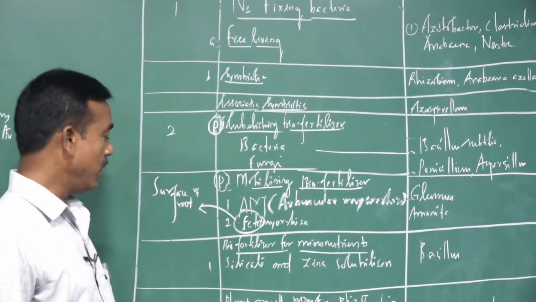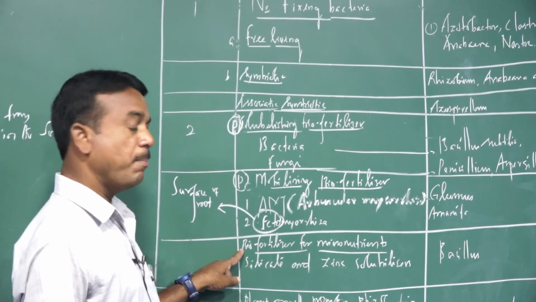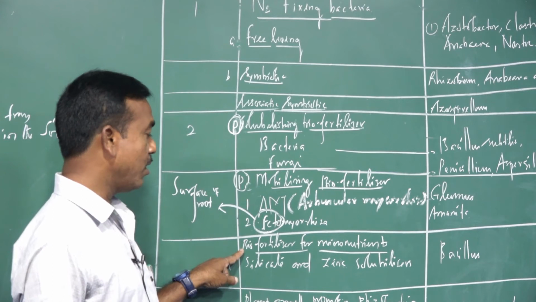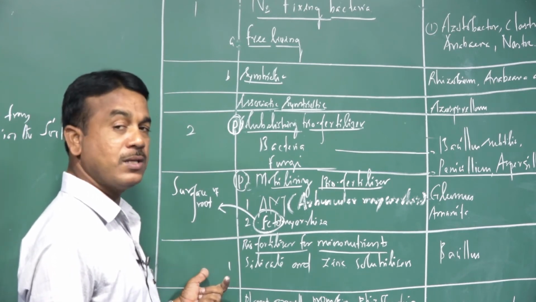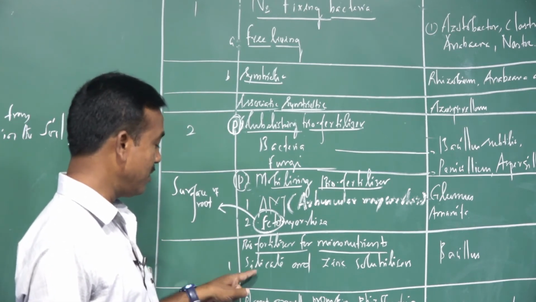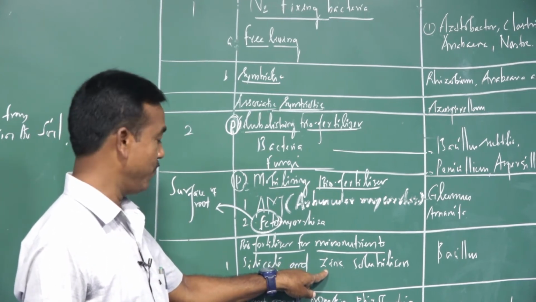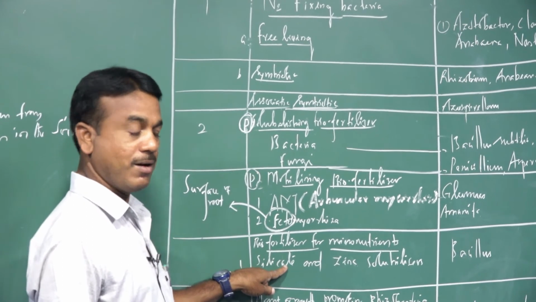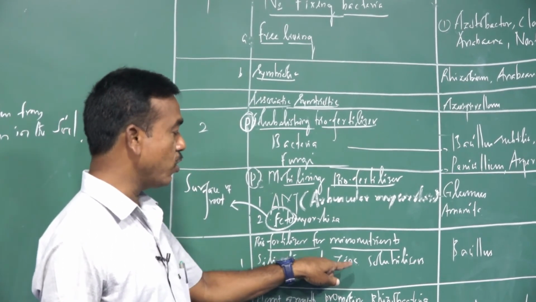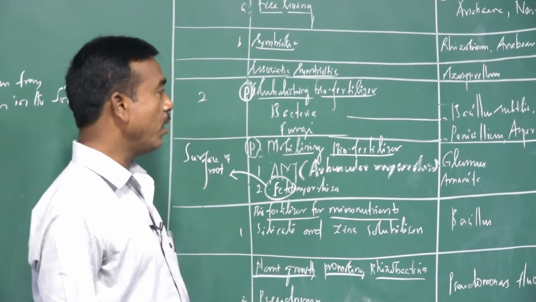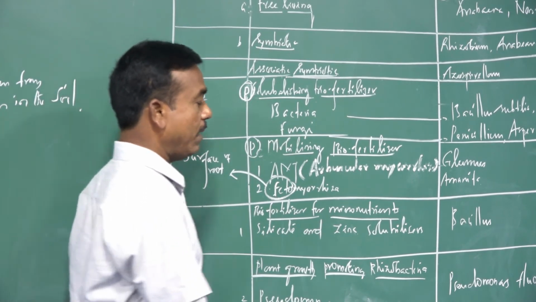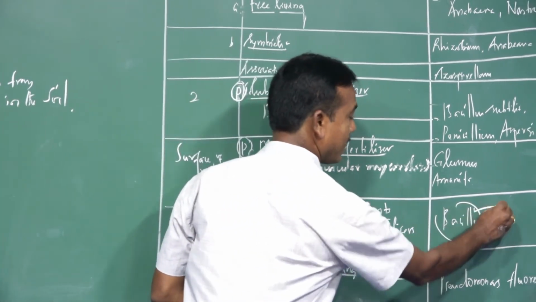The next one, biofertilizer for micronutrients, or which biofertilizers provide micronutrients: silicate and zinc solubilization. Silicate means silica. The bacterium responsible is Bacillus.